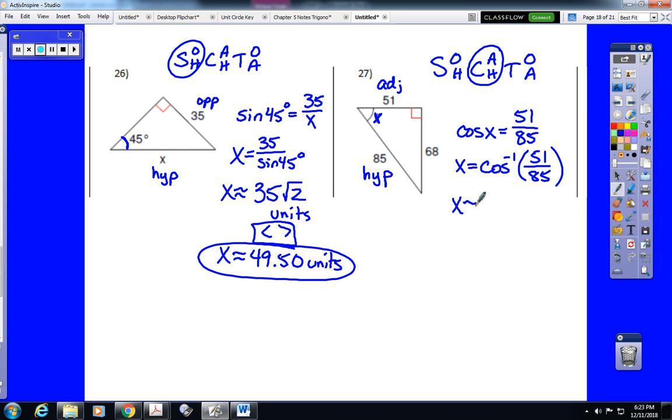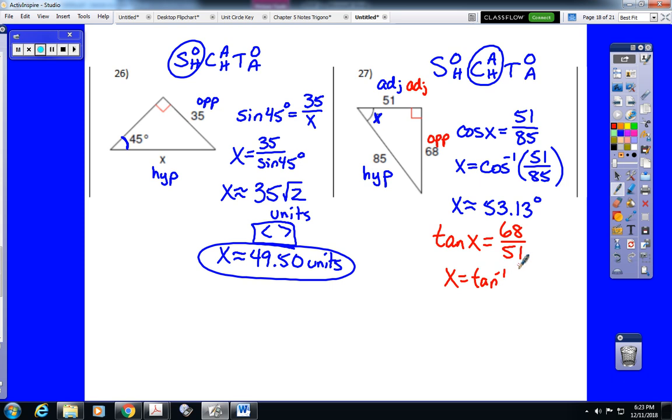So we're going to feed that to the calculator. Second cosine, 51 divided by 85. That would be 53.13 degrees. Now, just so that you see this, let's say that we chose to use tangent instead with these red values, opposite and adjacent. We would set up tangent of x is opposite over adjacent. And then we'd do the same thing.